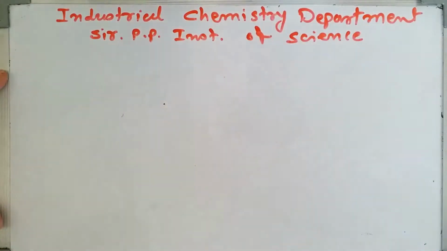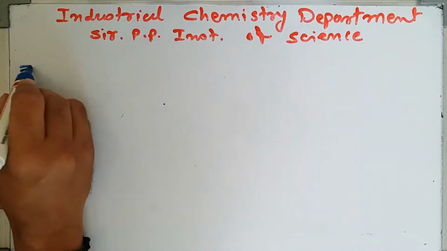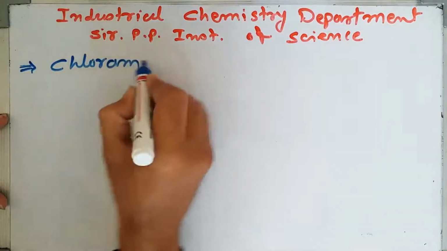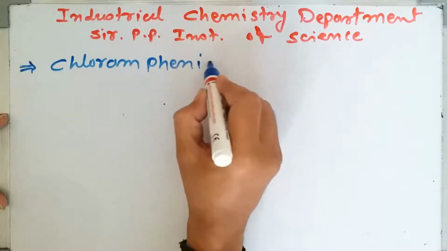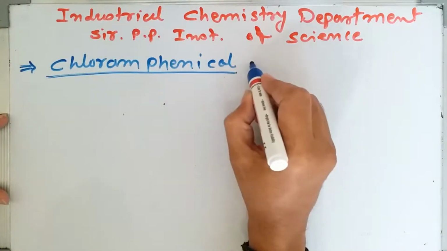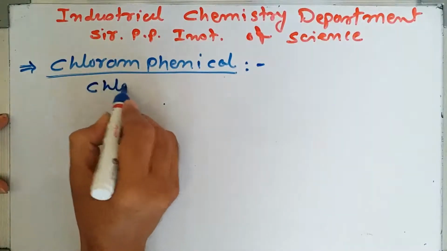So in the second unit we have only one last antibiotic drug, chloramphenicol. It is also known as chloromycetin.